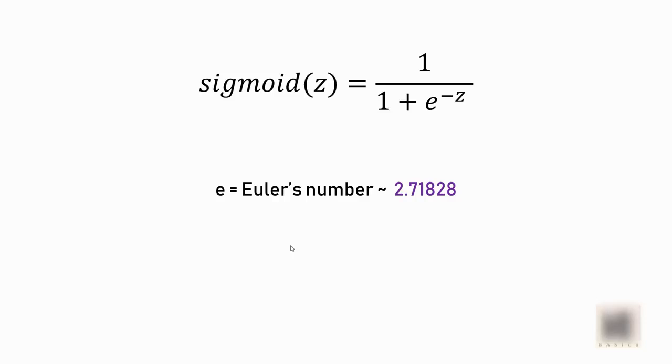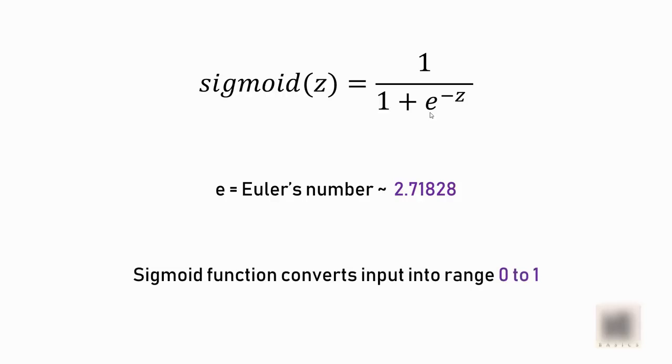The value is this. Now think about this equation for a moment. What we are doing here is dividing 1 by a number which is slightly greater than 1. And when you have this situation, the outcome will be less than 1, correct? So all we are doing with this sigmoid function is coming up with a range between 0 and 1.